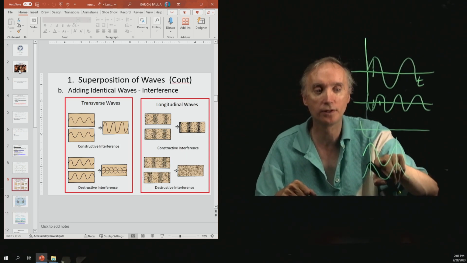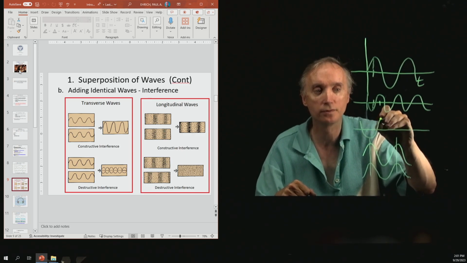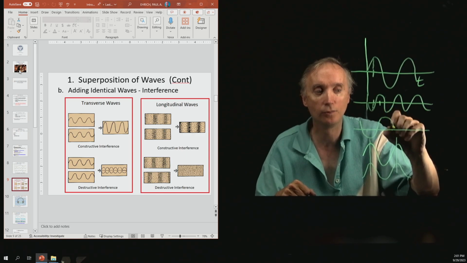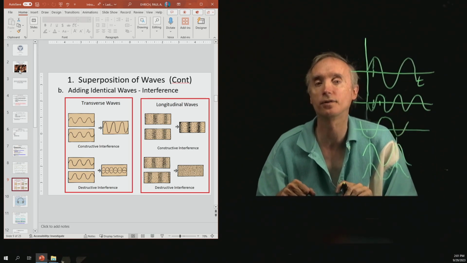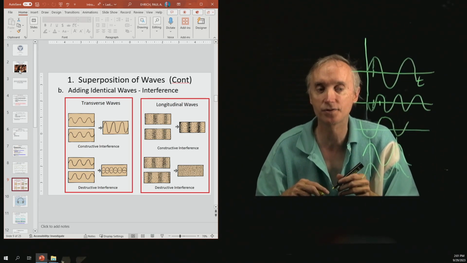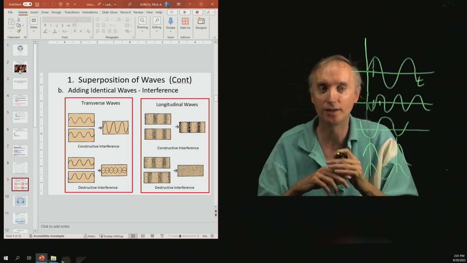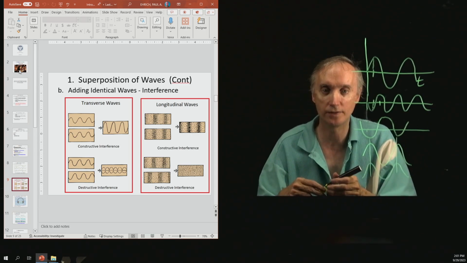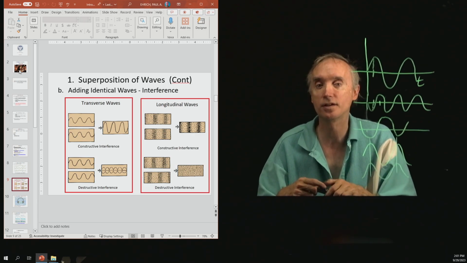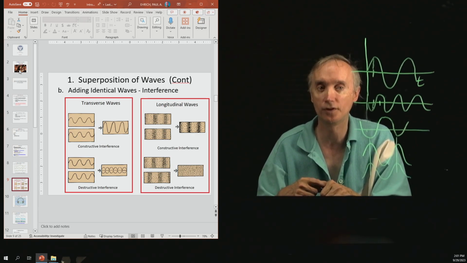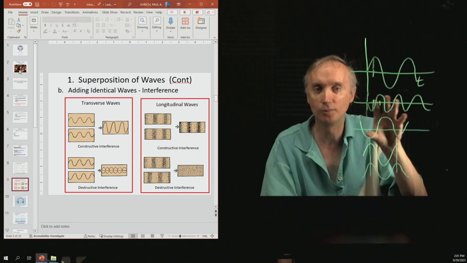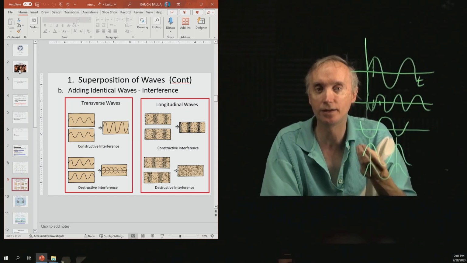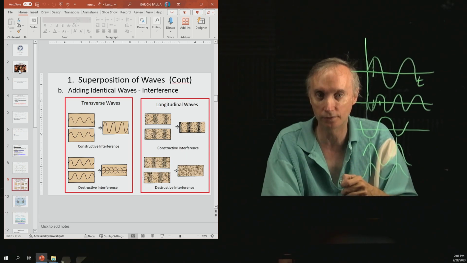And when this one's going down, this one's going up. And when this one's up, this one is down. So we're going to add those two waves together, and this time they cancel out so that we get nothing when we add these two waves together. So that's going to be destructive interference.